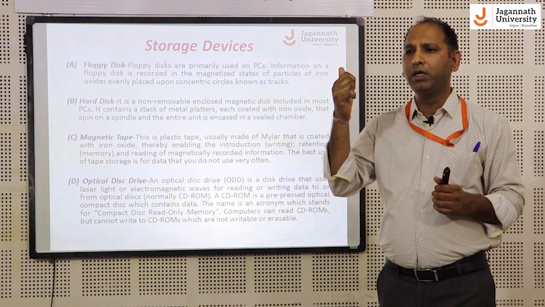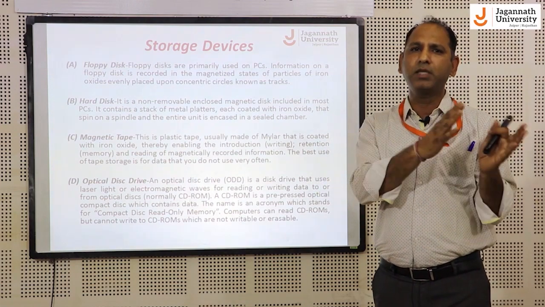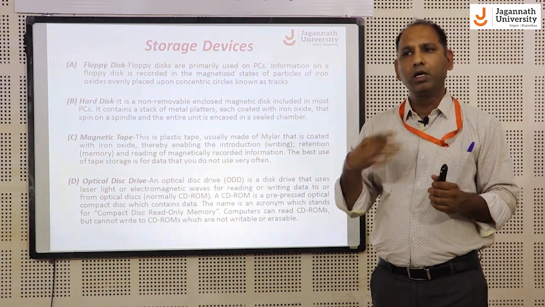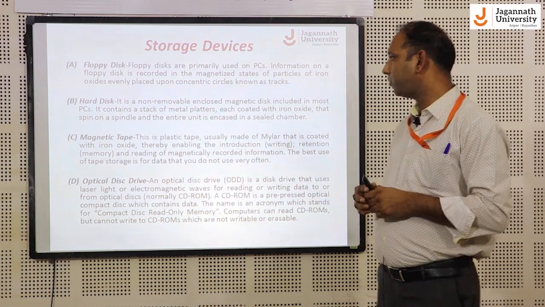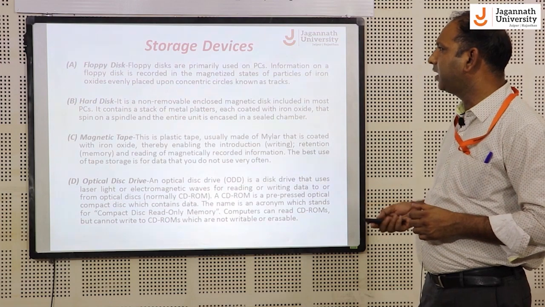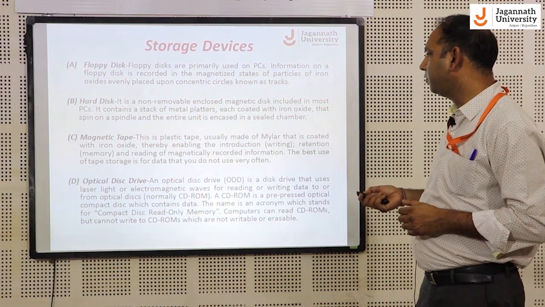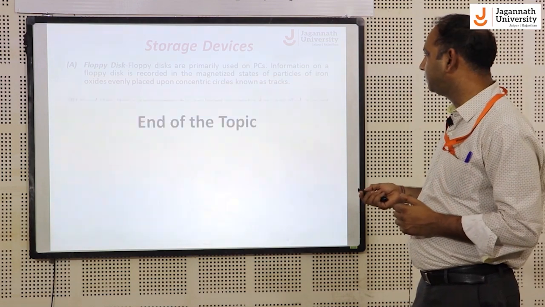When we turn off the system and start the computer, the previous data which was stored in the RAM is deleted. Magnetic tape and optical disk drives are different types of storage devices which are used in the computer system for storing different types of data.